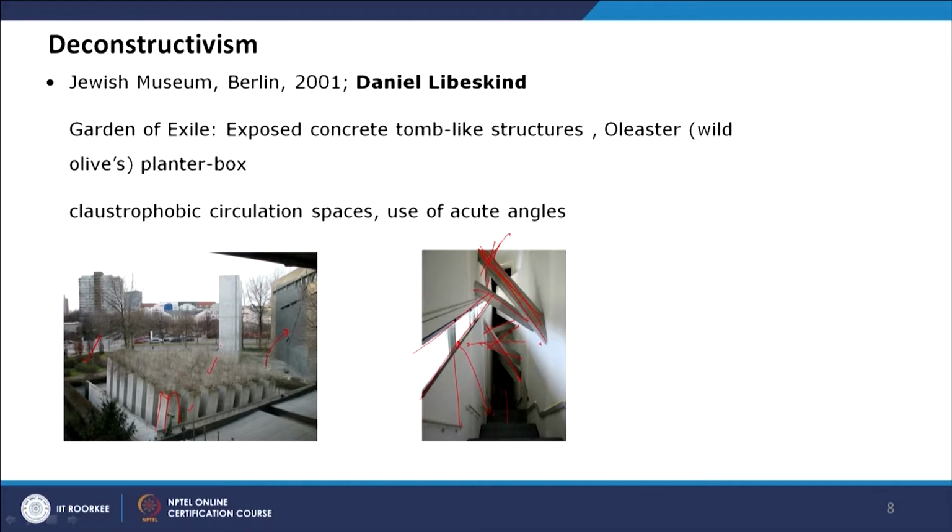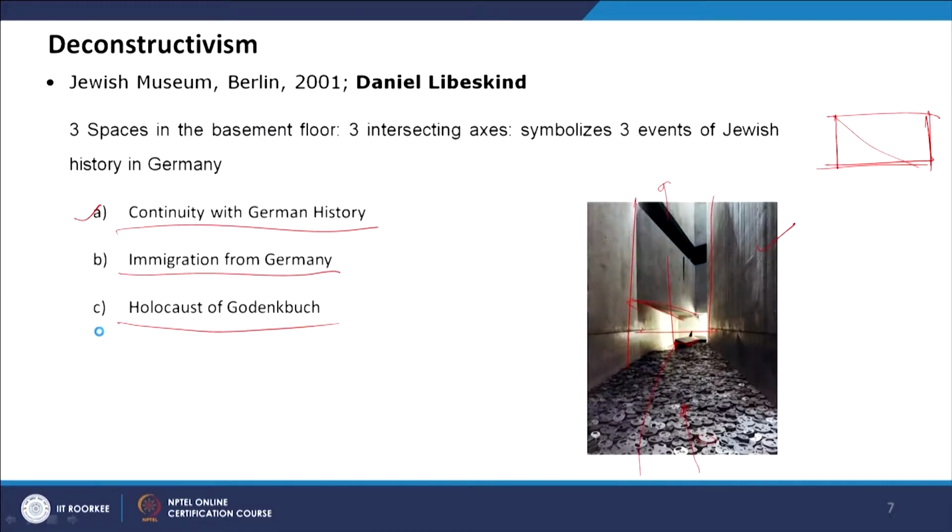The olive trees are a grayish sap green, which also depicts the sorrow that is the theme of this museum. If you look at the planter boxes, they look like a series of tombs, which depict the death of the Jewish people.